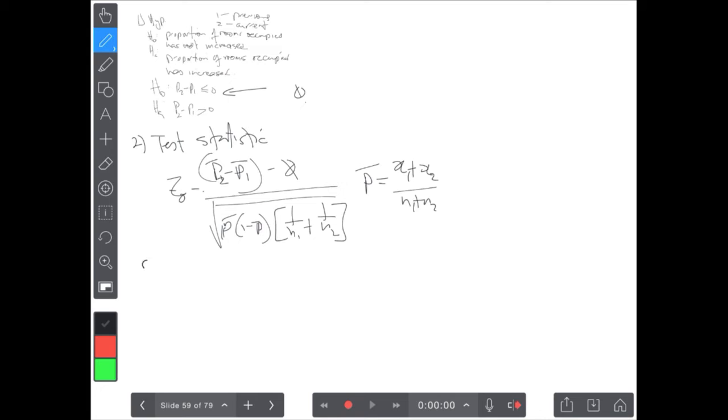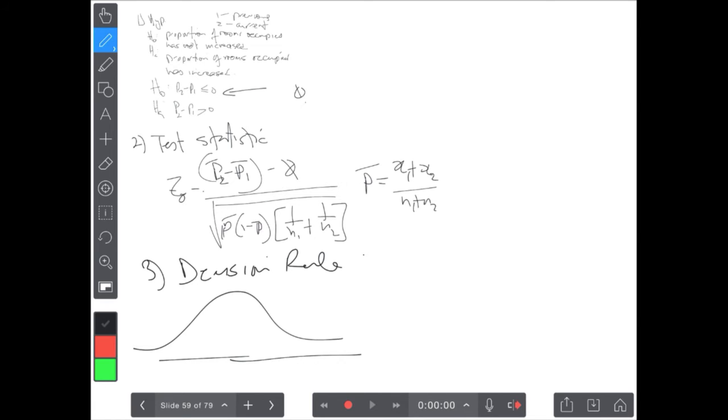So step 3, decision rule. Is this a one-tailed test or a two-tailed test? If you look at this carefully, since we want evidence that there's been an increase, that word increase should tell you that there's a direction. So because I'm taking P2 minus P1, my rejection region would be here, in the right tail.